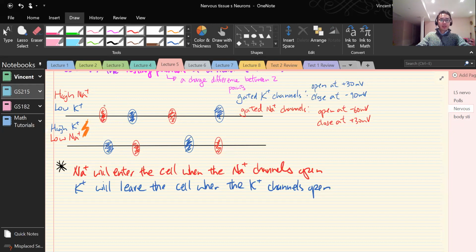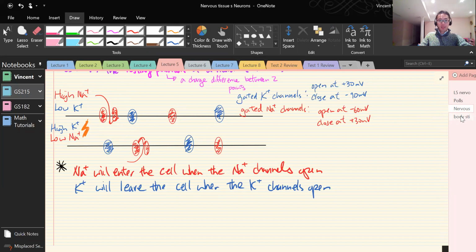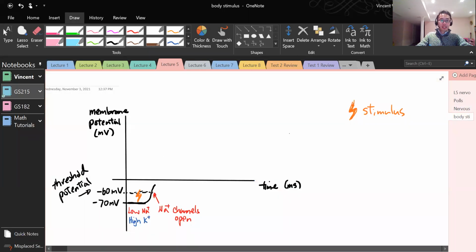So as soon as these things open up, let's just draw like a double door, open up like that, then the sodium will start coming in. As the sodium comes in, it will cause the inside to become more positive, right? And that's why the graph is going to keep on going up, like that.